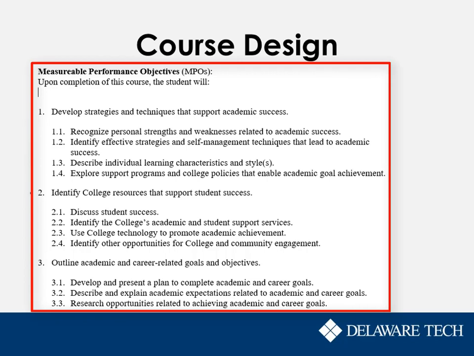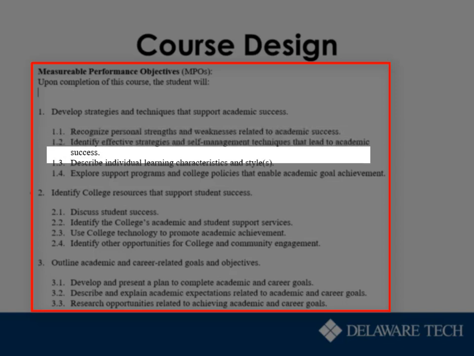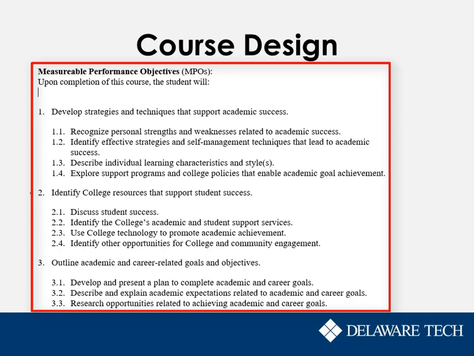We have objectives where we want students to identify their personal strengths and weaknesses, which can be fairly intense, very introspective. And then we ask them to know college policies. So how do you put those topics and everything in between into a course that is cohesive, that feels like it all fits together and scaffolds and builds on each other?